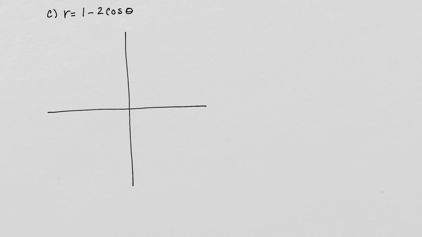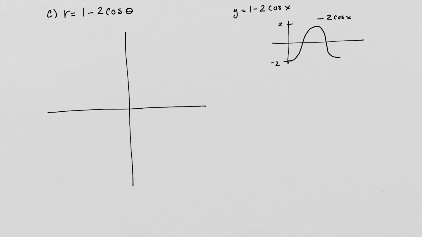We're going to draw 1 minus 2, so y equals 1 minus 2 cosine x, right? So if I were to draw minus 2 cosine x, it would be that curve we just did but flipped over, right? So here you are at minus 2, 2.